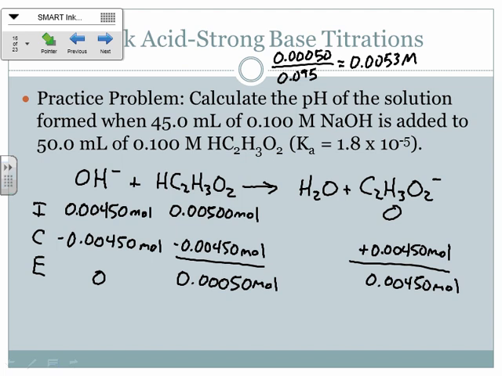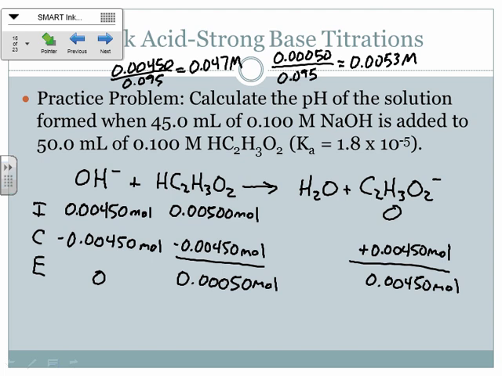Okay, and then I have to do the same thing over here. 0.00450 divided by 0.095 is 0.047. Okay, so is this a very good buffer solution?